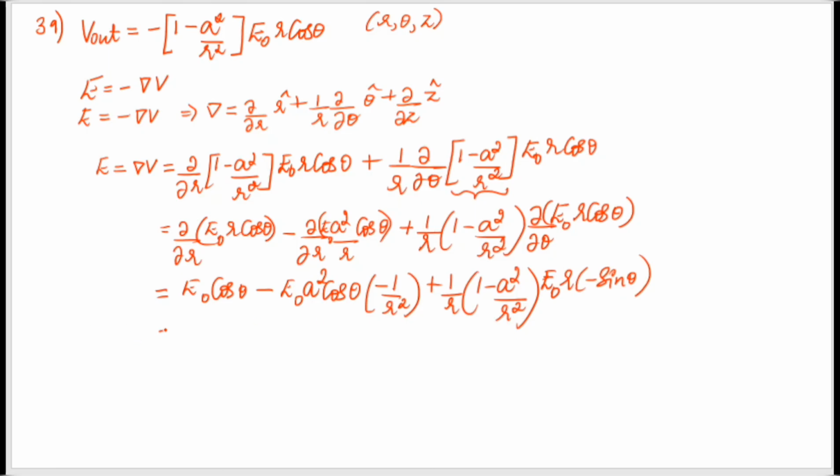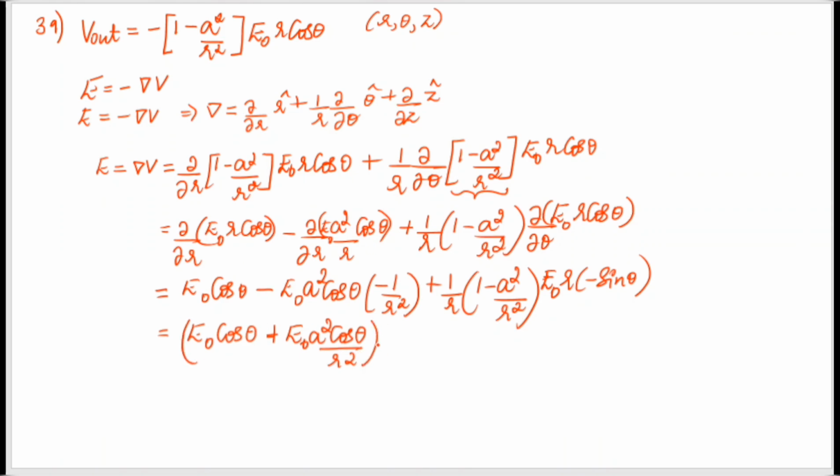Now look here, we have E naught cos theta, minus minus of minus, it will be plus E naught a square cos theta divided by r square of, what is this term?